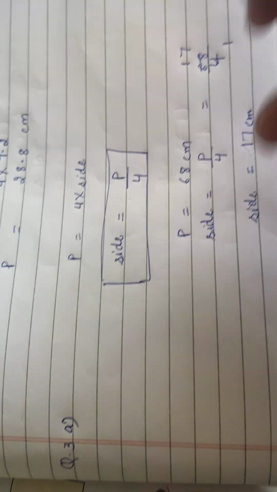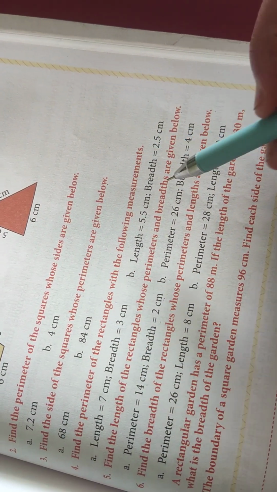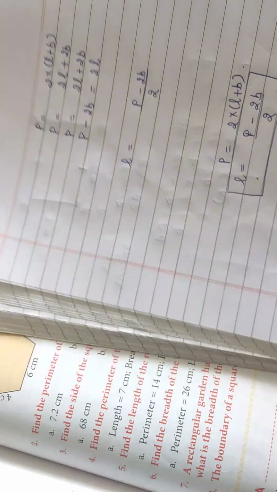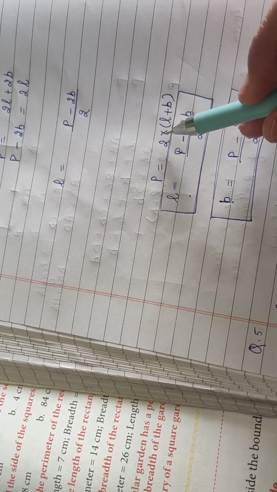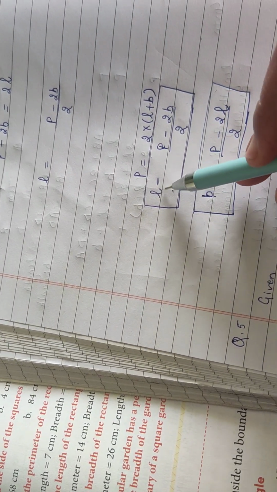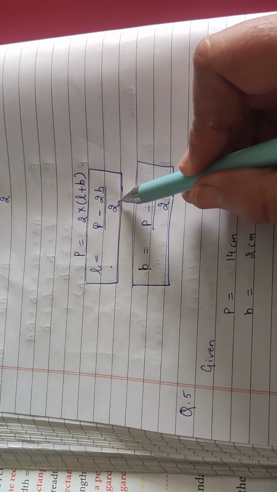So now I have told you all the formulas of exercise 11A. You can easily do all these questions by using these formulas. First, perimeter of rectangle is equal to 2 multiply (L plus B). Second, length of rectangle is equal to perimeter minus 2B by 2.